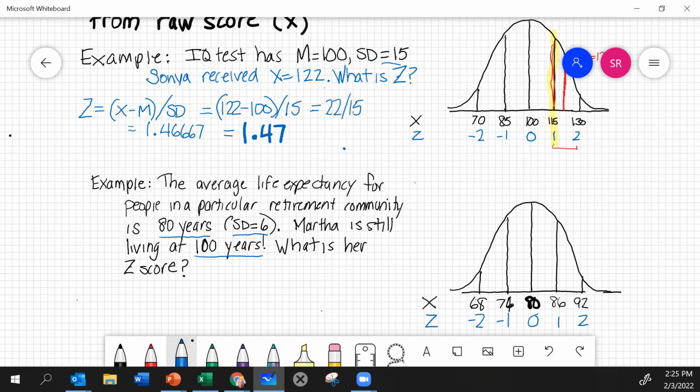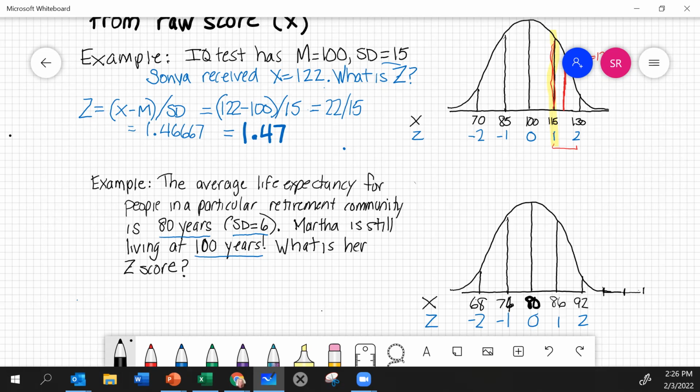But we don't have that. We have Martha still living at 100 years. What is her z-score? So we can see here that our scale isn't even quite big enough. But you'll recall that this distribution, in theory, goes on to infinity. So let's put in some more standard deviation marks, approximately the same distance apart, even though we can't even see how small the proportions are that go that far.